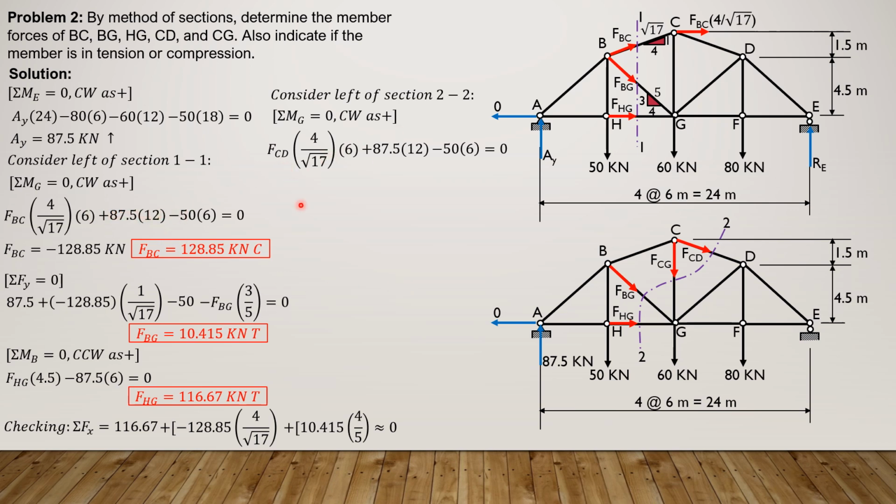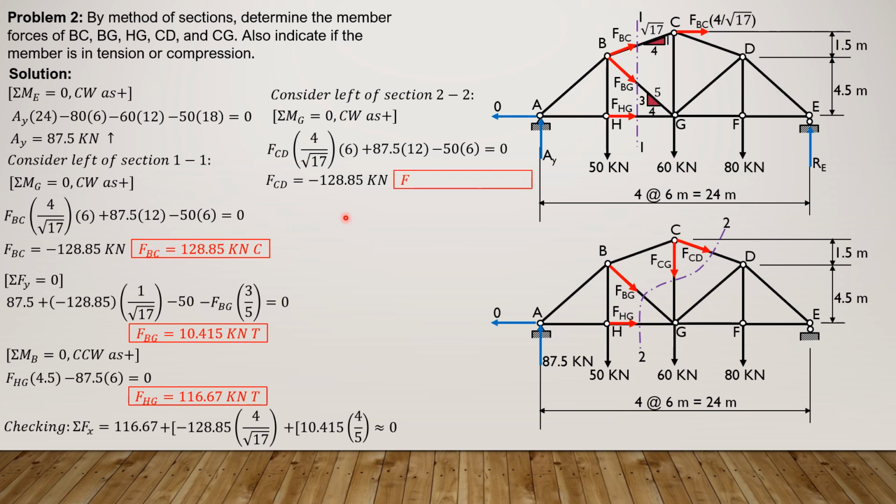So therefore FCD is equal to negative 128.85 as expected, because if you isolate joint G, summation forces horizontal, we can conclude that FBC equals FCD. So that's why FCD is also negative 128.85.